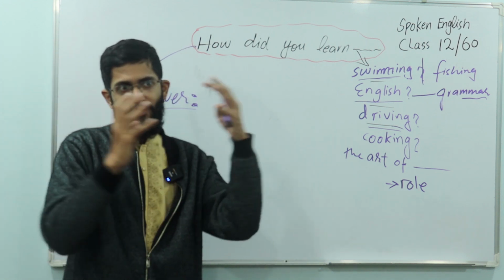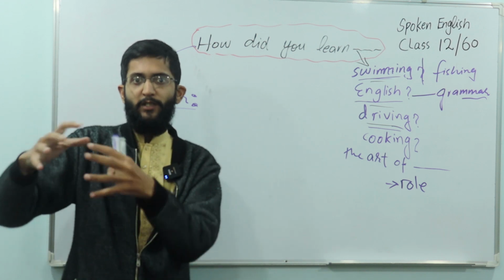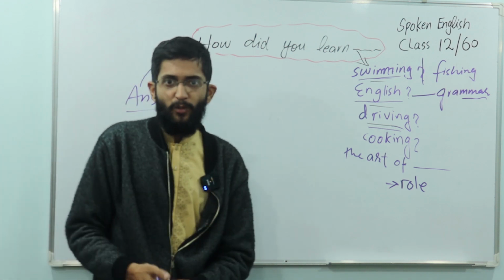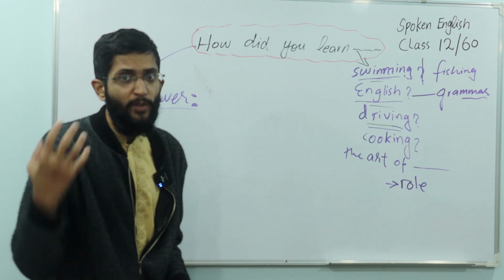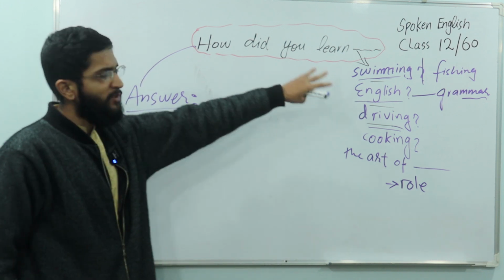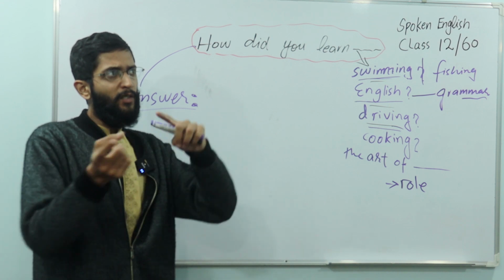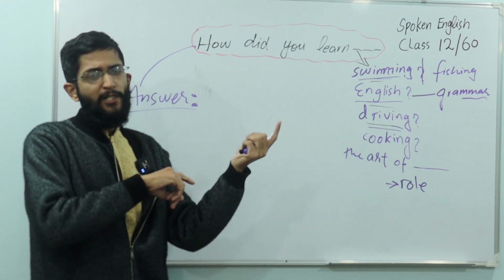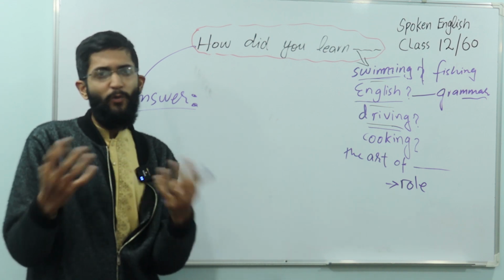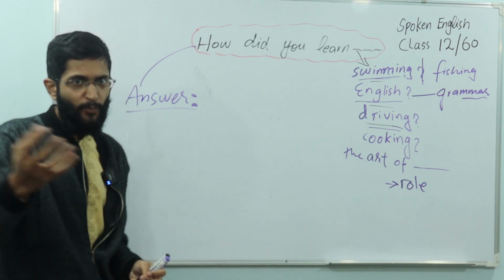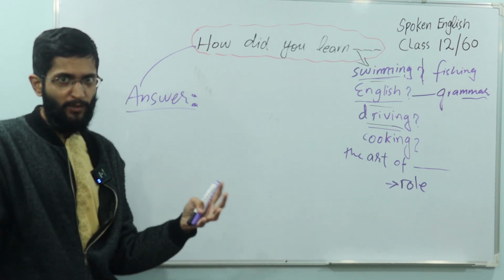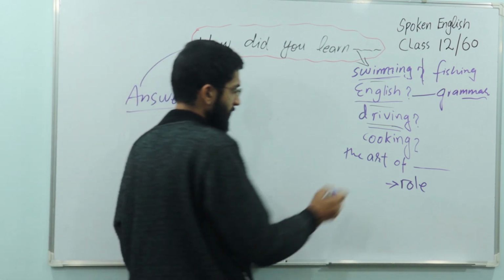The car, the people, the roads, the environment, all the things should be in your mind. Then you would be able to speak something. If you have the structure, is, am, are, was, were, Urdu to English translation, English to Urdu, you won't be able to talk. So bring the ideas, bring the visuals in your mind.